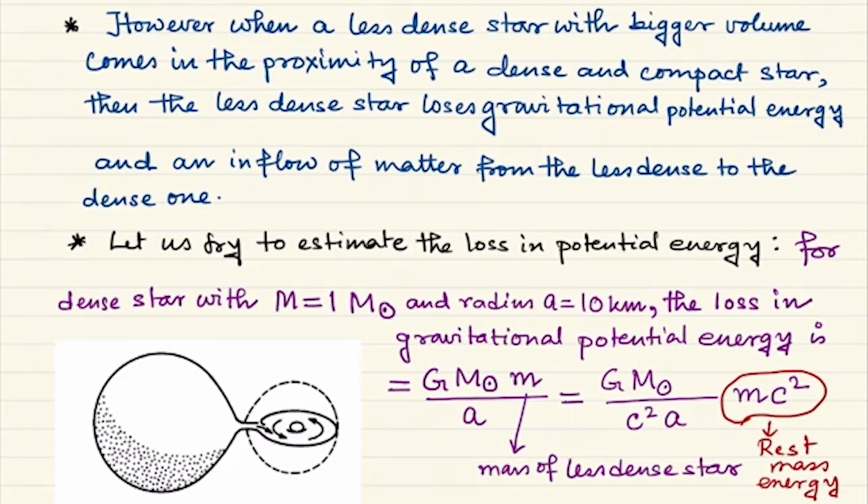And what happens? An inflow of matter from the less dense to the dense star happens. So basically the mass is coming from this one and going to this. But it does not go towards this mass in a linear way or in a spherical way, but in a spiral way, forming a disk.